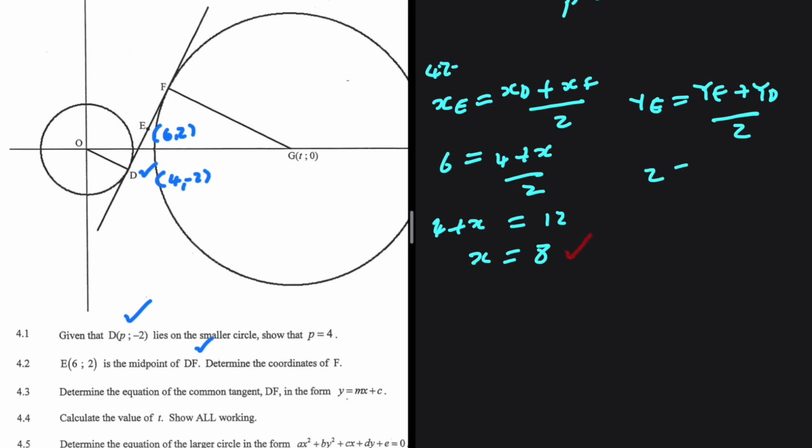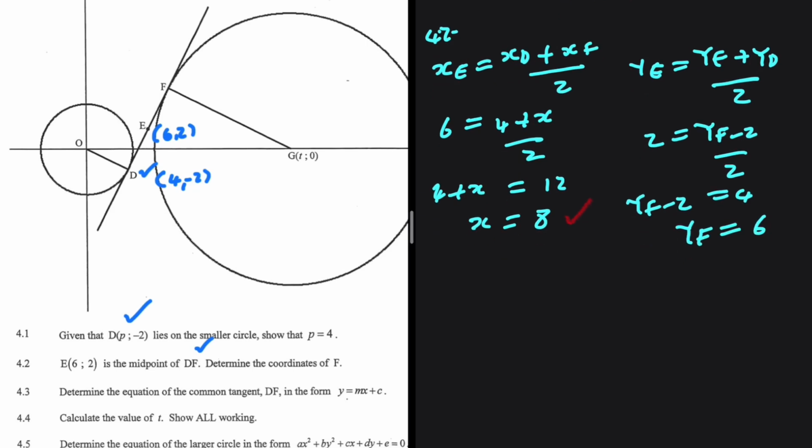That of E is 2, that of F we're interested in, and that of D is minus 2, everything divided by 2. 2 multiplied by 2 is 4, so y of F minus 2 is equal to 4. y of F is indeed equal to 6. So the coordinates of F are 8 and 6.